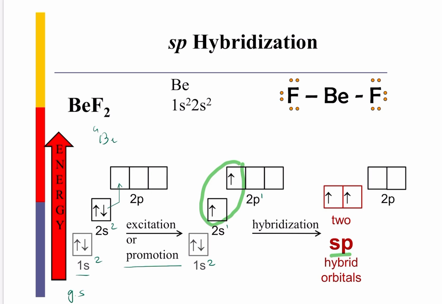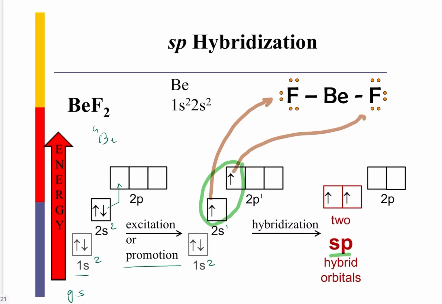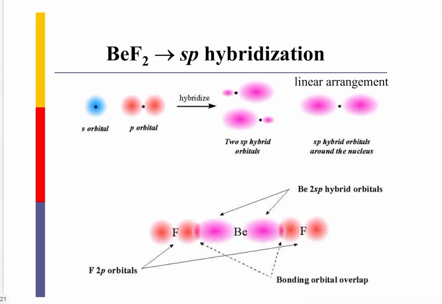As you see here, these 2 electrons can react with the fluorine, sharing electrons with each F. Very important: s orbital is circular, and p orbital is double lobed.